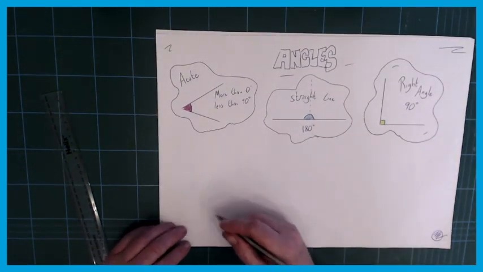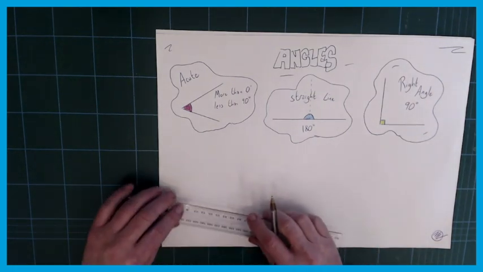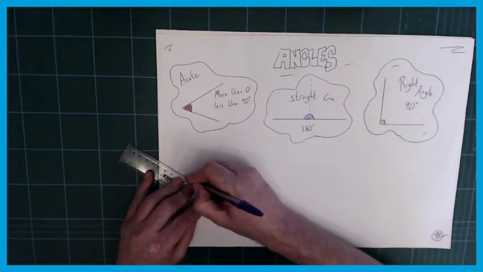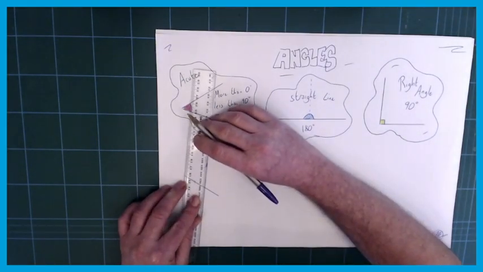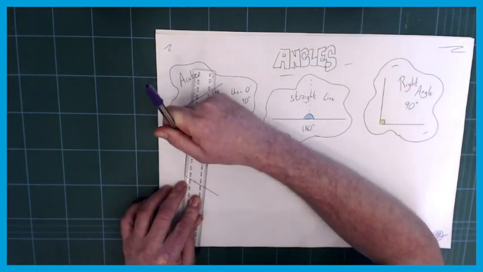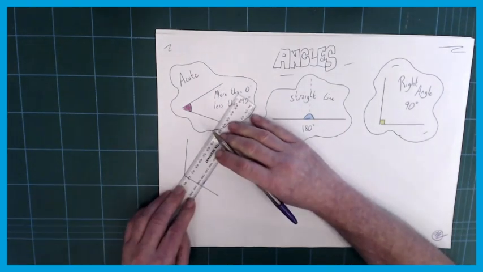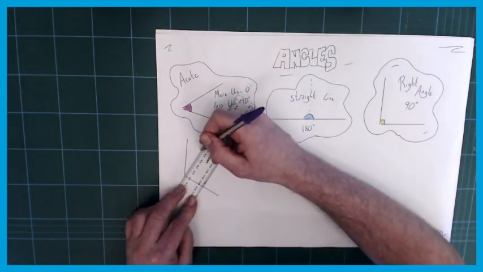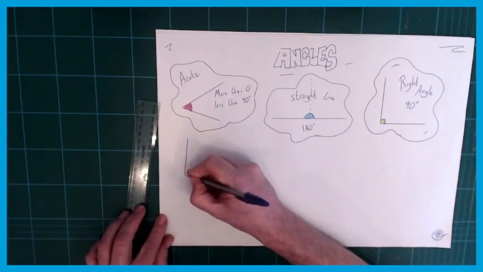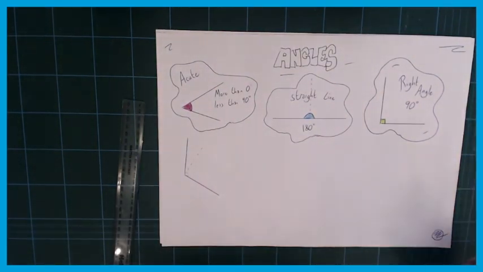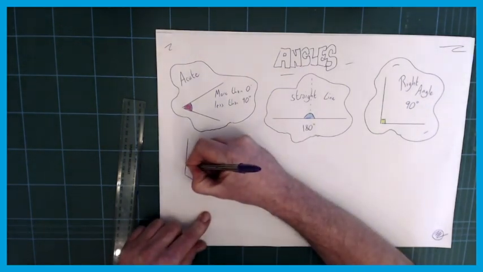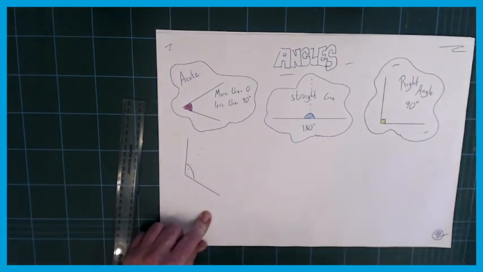Next angle we'll look at is this one. If I draw a little dotted line onto here, you can see it is more than 90 degrees. I'm going to draw the angle in. I'll have that pink this time.